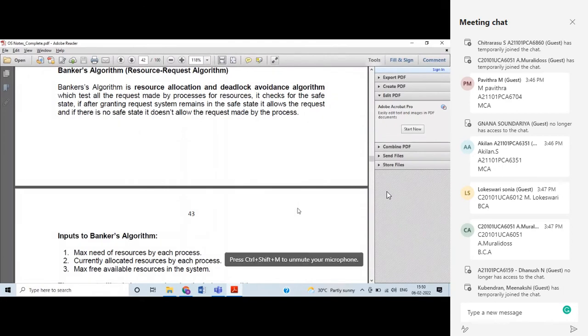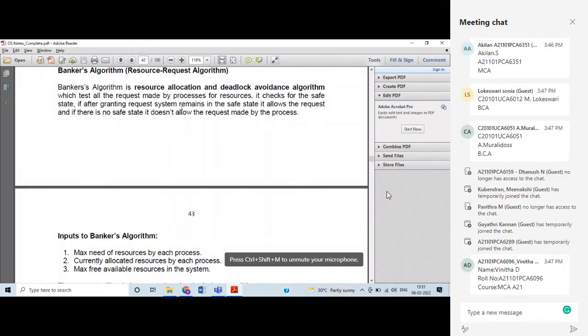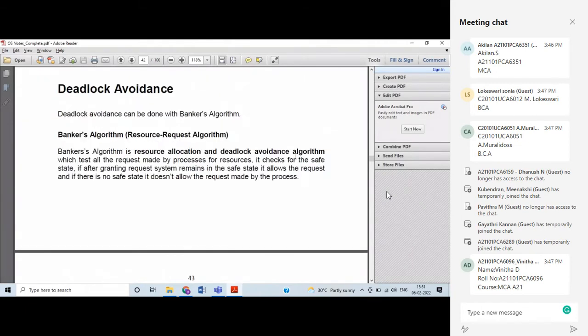The banker's algorithm is a resource allocation and deadlock avoidance algorithm which tests all the requests made by the processes for the resources.